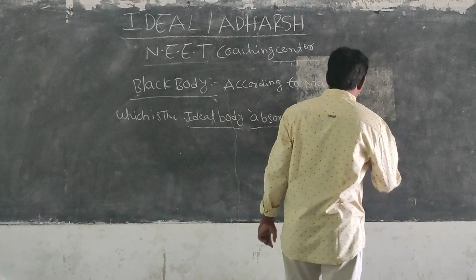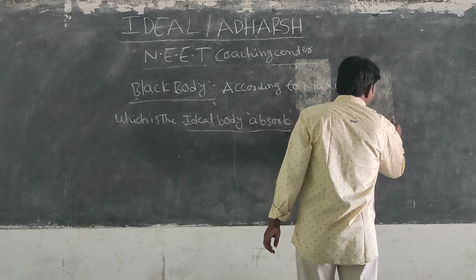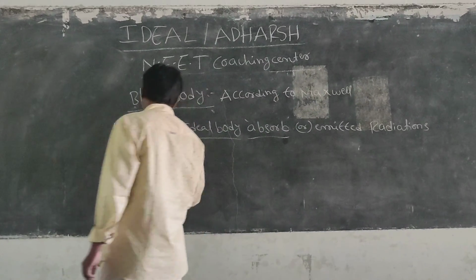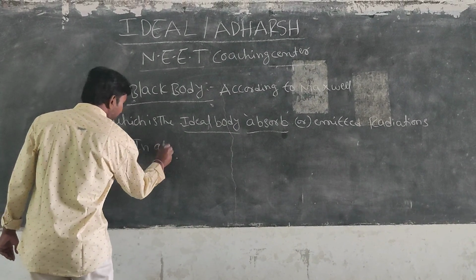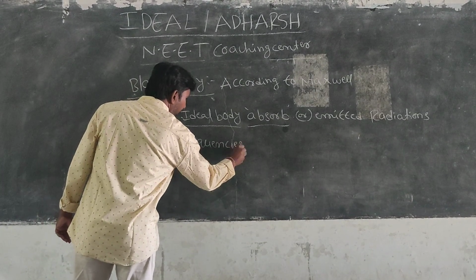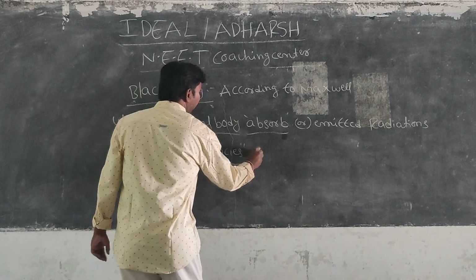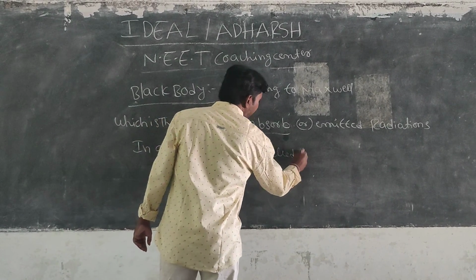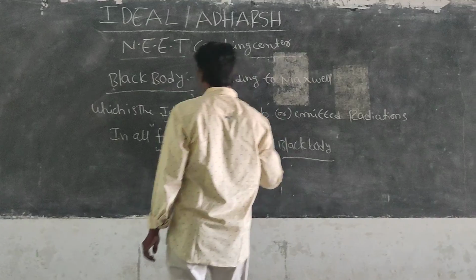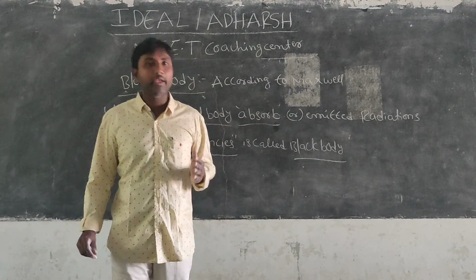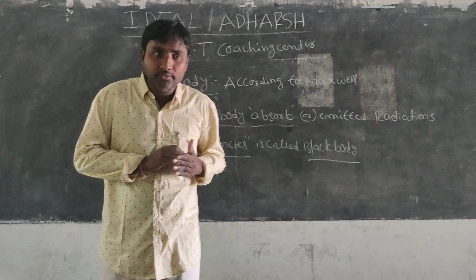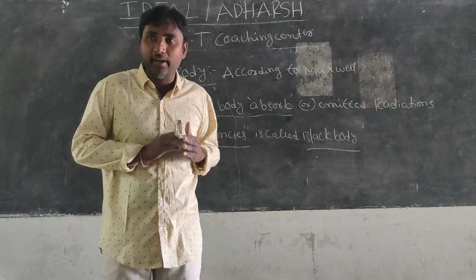Absorb means taking. Simple one. A black body is an ideal body that absorbs or emits radiations of all types of frequencies.